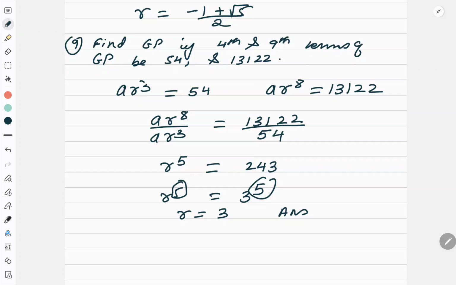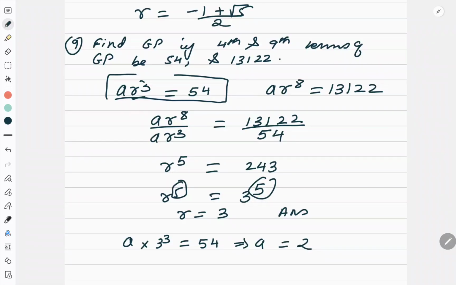Correct? Now, what is the next thing? In this question they are asking, find GP. This is your R. Now R is done, then what is the value of A? You can use any one of this relation. So now A R cube is equal to 54. So what is the value of A? A is equal to 2. Right? So what is your GP?